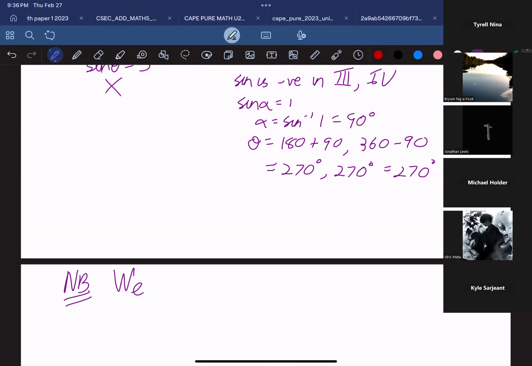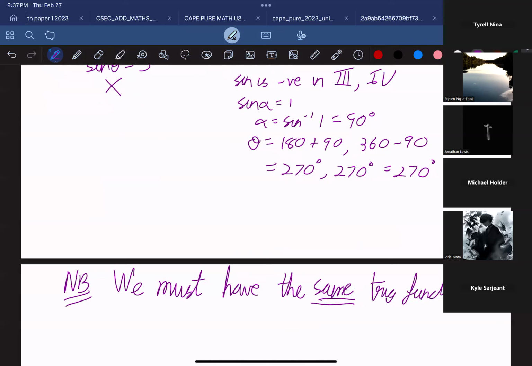We must have the same trig function in the equation to solve.